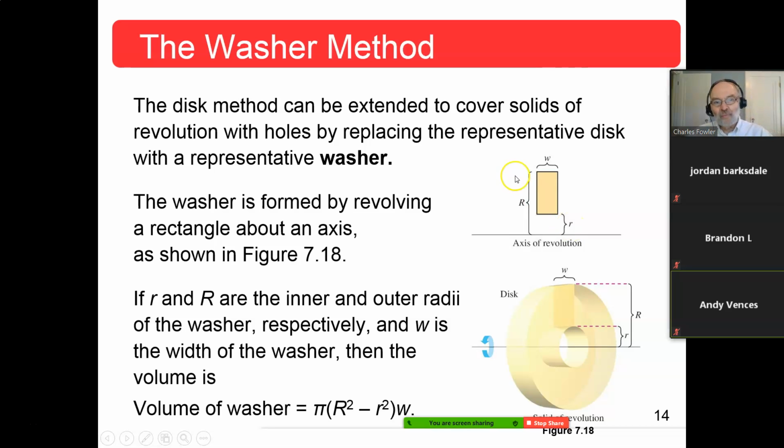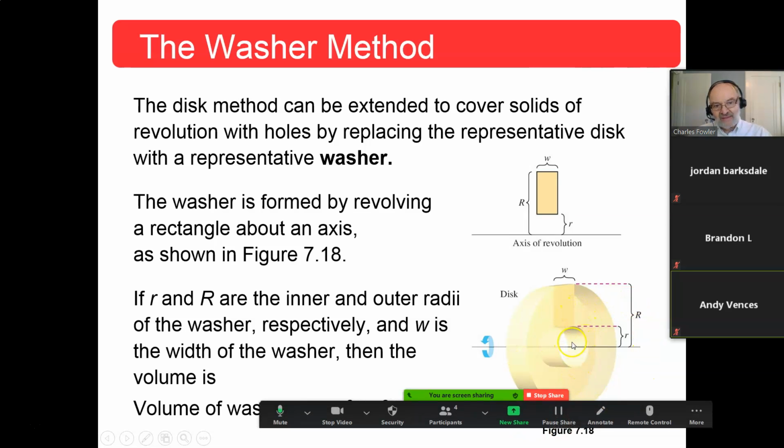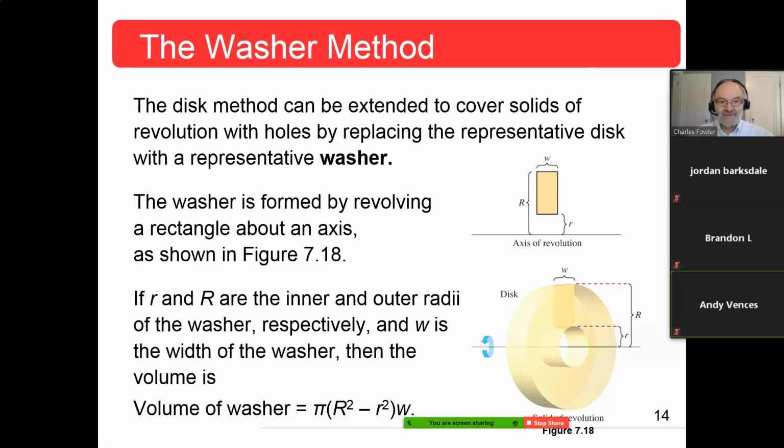The width of that rectangle, of course, is W. If you're rotating that around this axis of revolution, then you wind up with a washer. The rectangle goes around here, and the axis of revolution is there, and that's how we form the washer.